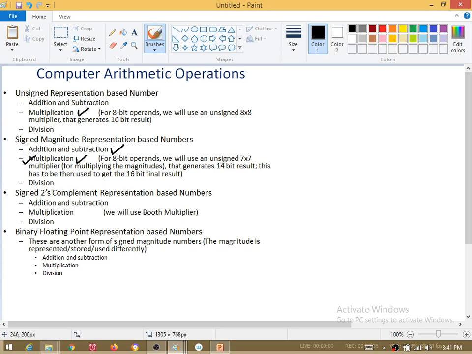So for 8-bit operands we will use an unsigned 7 cross 7 multiplier that generates a 14-bit answer, and then this answer can be used to finally generate the 16-bit final result. Remember that the MSB of your 16-bit final answer is going to be an XOR of the sign bits of your two operands.